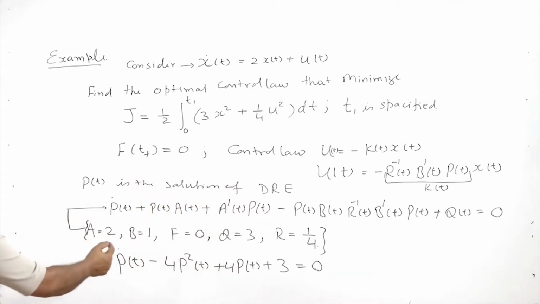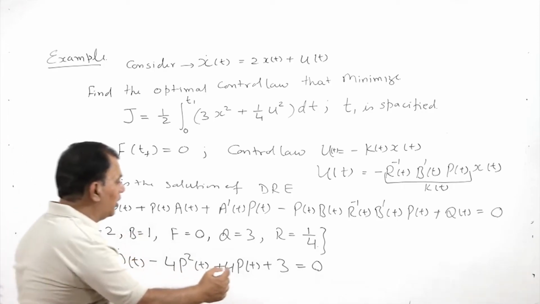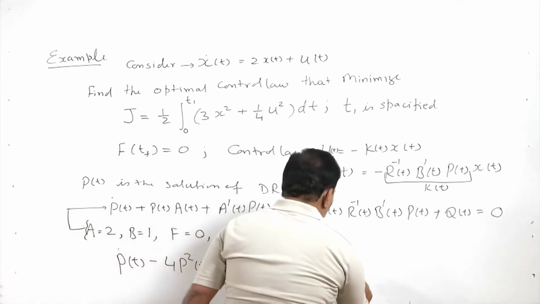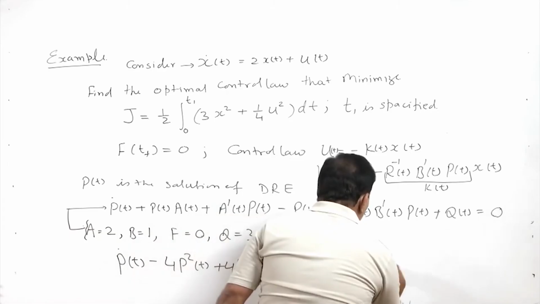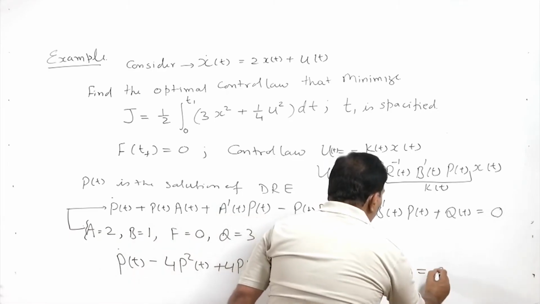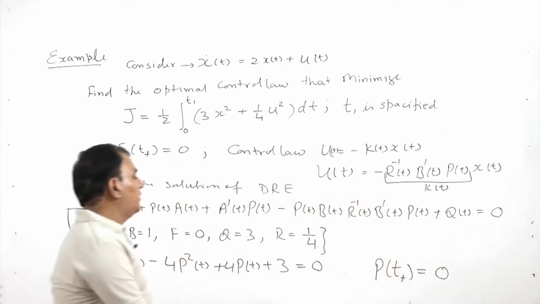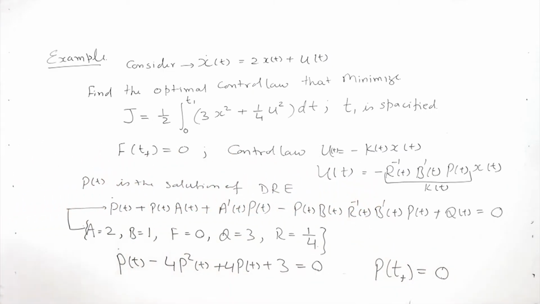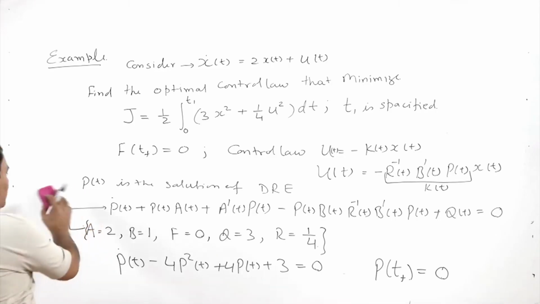So, this differential equation I have to solve, and what is my condition? P Tf is nothing but 0 because f of Tf is 0. With this condition I have to solve this equation. So, it is a simple first order differential equation which can be solved.